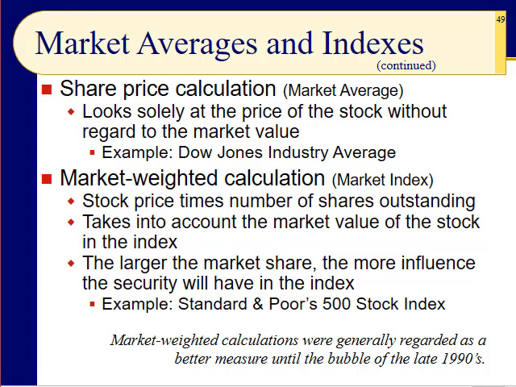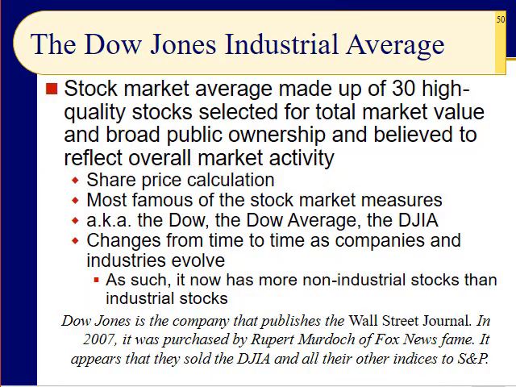And everyone thought, well, market weighted calculations are much better than average share price, and there's nothing that can go wrong, until it did in the late 90s. And what's happening now, in my humble opinion, but we're going to see how that works out over the next few years.